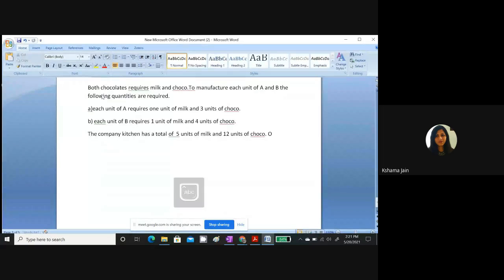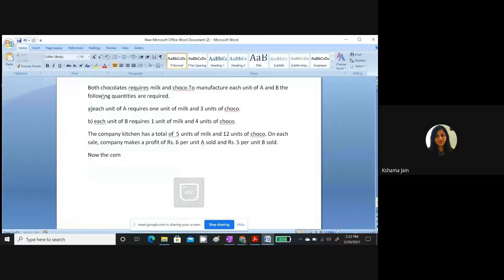On each sale, the company makes a profit of ₹6 per unit A sold and ₹5 per unit B sold.